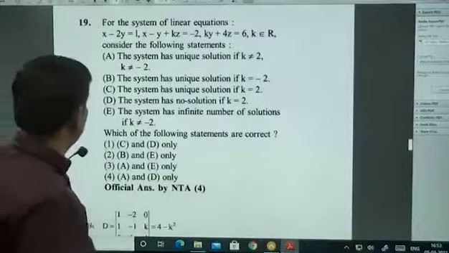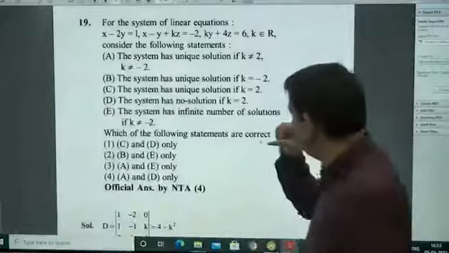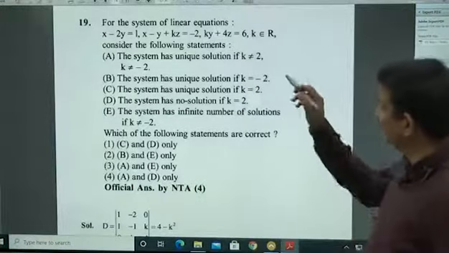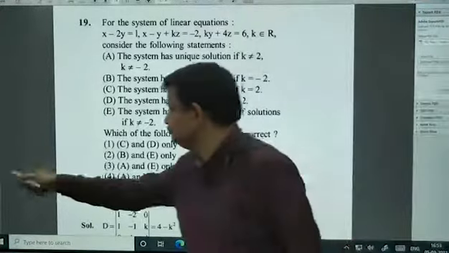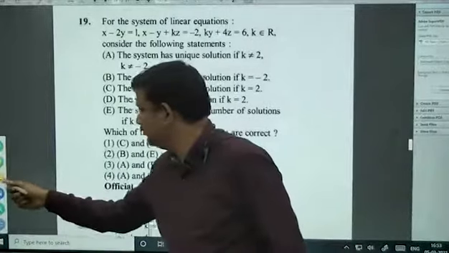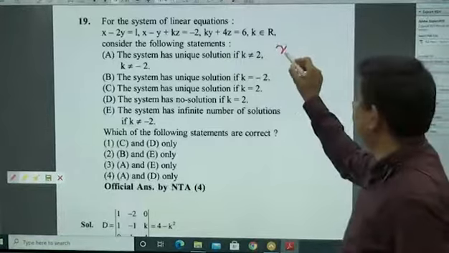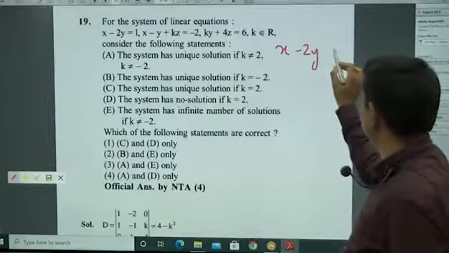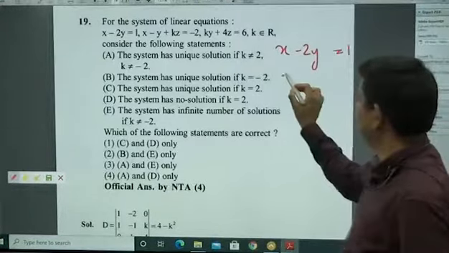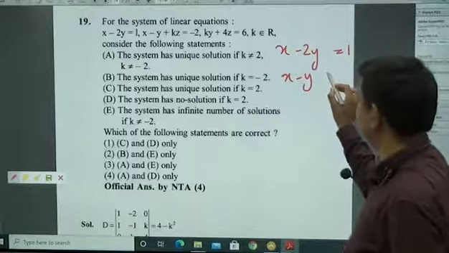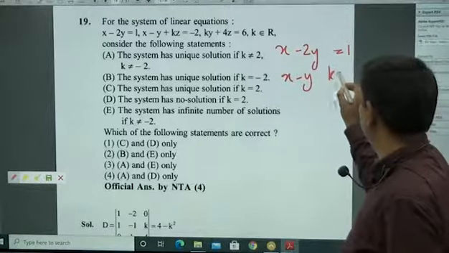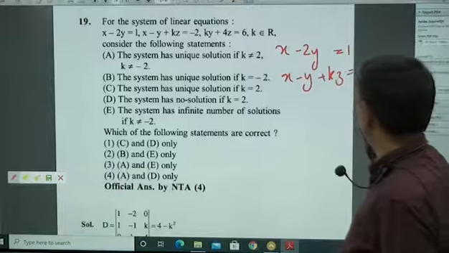For the system of linear equations. So in linear equations questions, write the system neatly, so that if at all we are able to see something, we can see it. Here it's crooked. x minus 2y no z is equal to 1. x minus y plus kz is equal to minus 2.